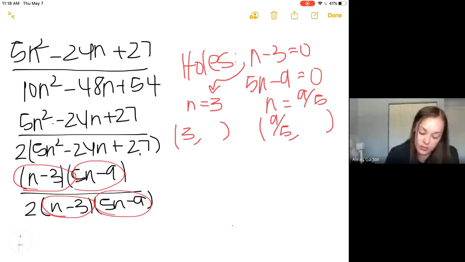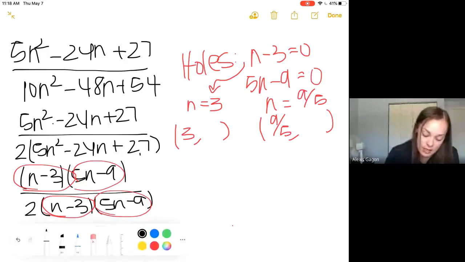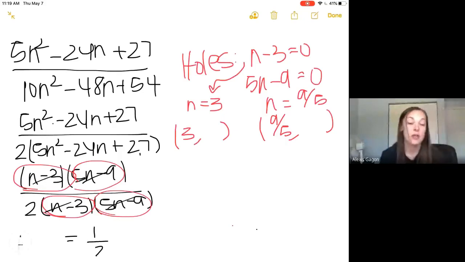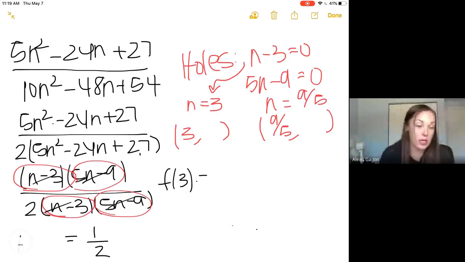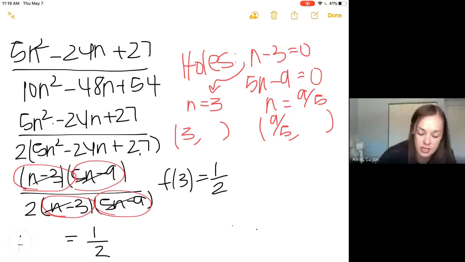Okay, and if we simplify this, these cancel, so I'm just left with 1/2, which means that whatever I plug into this function now, I'm going to get 1/2. So that means that if I plugged 3 into here, there's nothing to plug it into. So that means f of 3 equals 1/2. And same thing for f of 9/5.